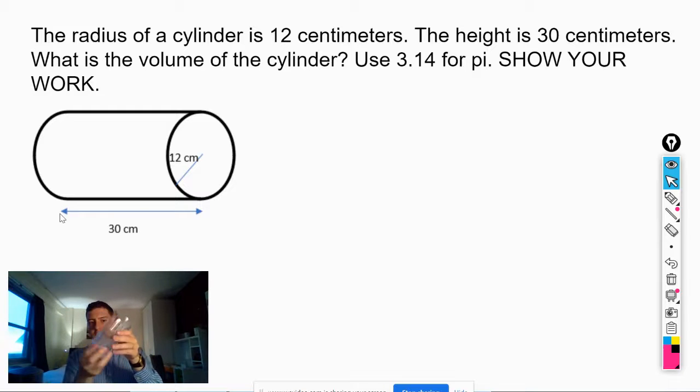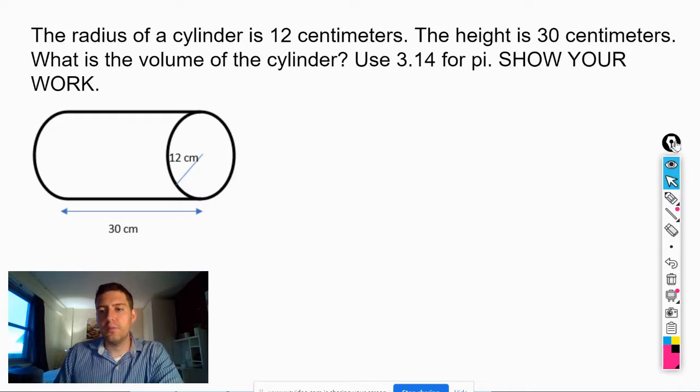But if I just tip the cylinder over, I hope there's no water in here, then this would be the base and this would be the height. Okay, but the base would still be perpendicular to the height even after I tipped it over. All right, so the height is not necessarily always vertical, it's just perpendicular to the base.